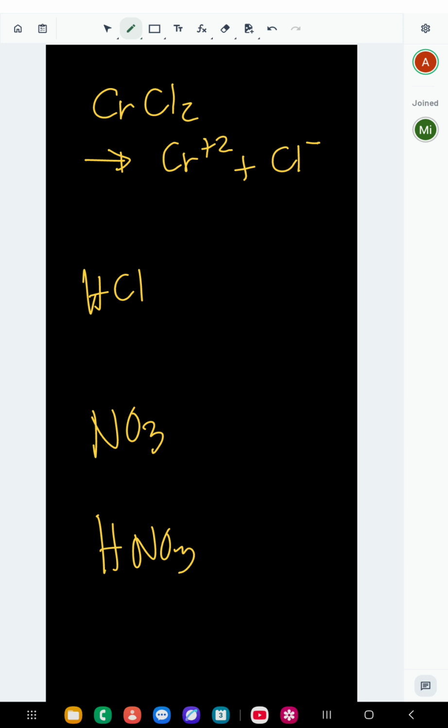Yes, all right. Because metals, Cr here has variable charges, so we need a Roman numeral. So this is chromium(II) chloride.